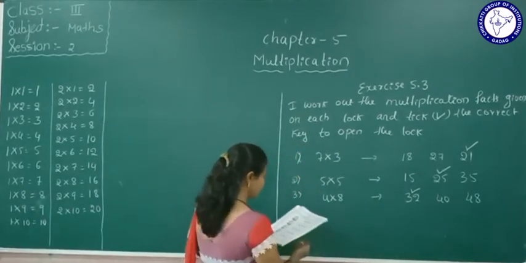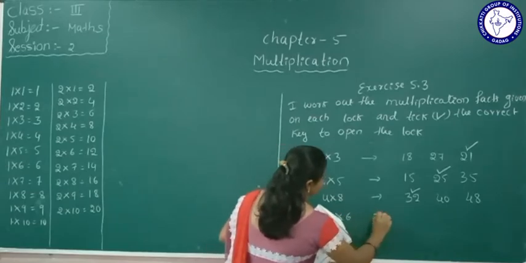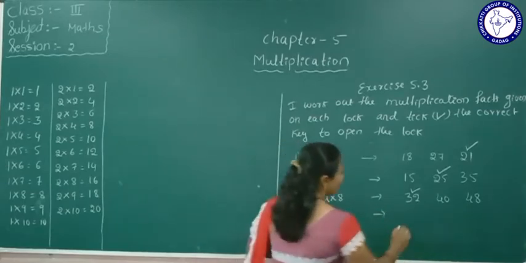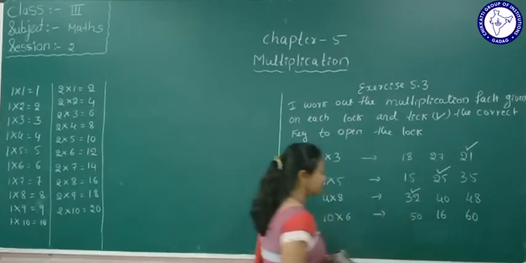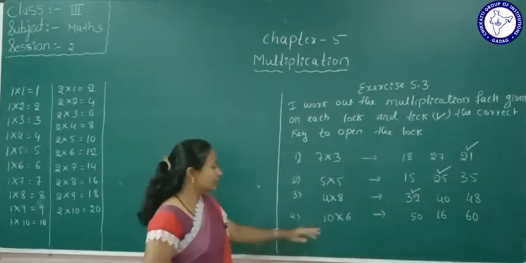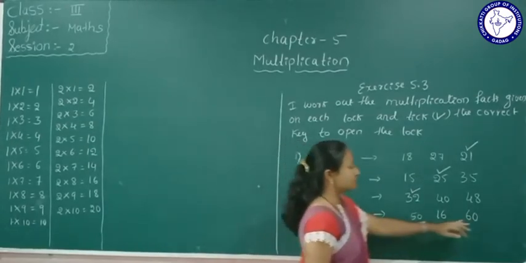Okay, next one, 10 into 6. So 50, 16, 60. Which is the correct answer here? 10 into 6 is equal to how much? 10 6s are 60.